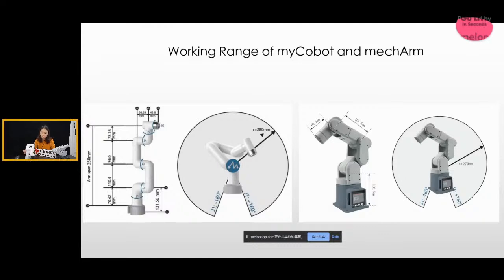So first, let's introduce the differences between industrial robotic arms and collaborative robotic arms, which are a trend in the future. Collaborative robotic arms are mainly for education and science research. They are relatively small, just like these two arms in front of me, and of course they come from industrial robotic arms.